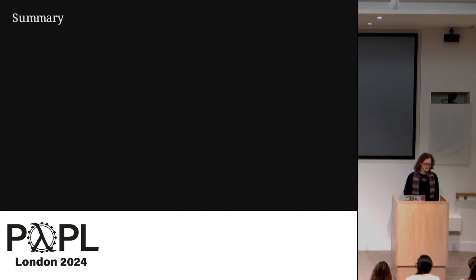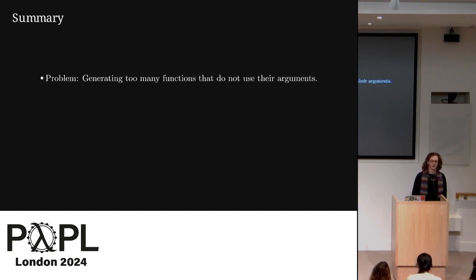So to quickly summarize what we have done, the problem that we encountered was that we were generating too many functions that did not use their arguments, which made the terms that are being generated less efficient and effective for testing compilers.